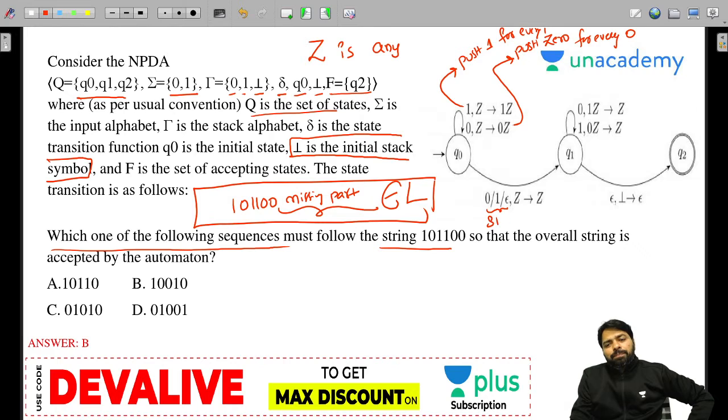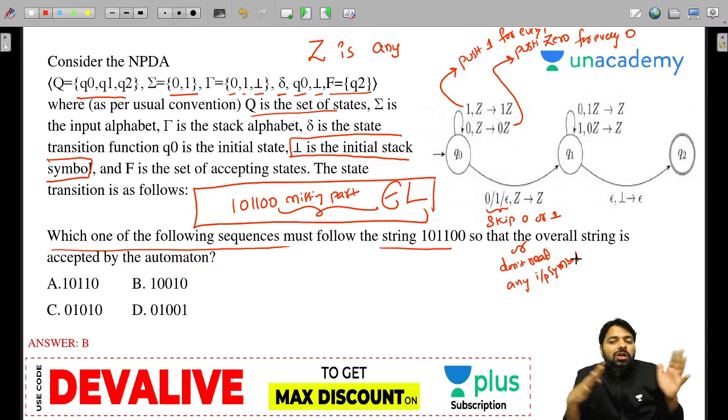Here you skip a 0 or 1, or don't read any symbol. Epsilon means the stack is not changed; the stack is still the same because Z is Z only. So either you read 0 and don't do anything on the stack, read 1 and don't do anything on the stack, or don't read any input symbol. It is your choice.